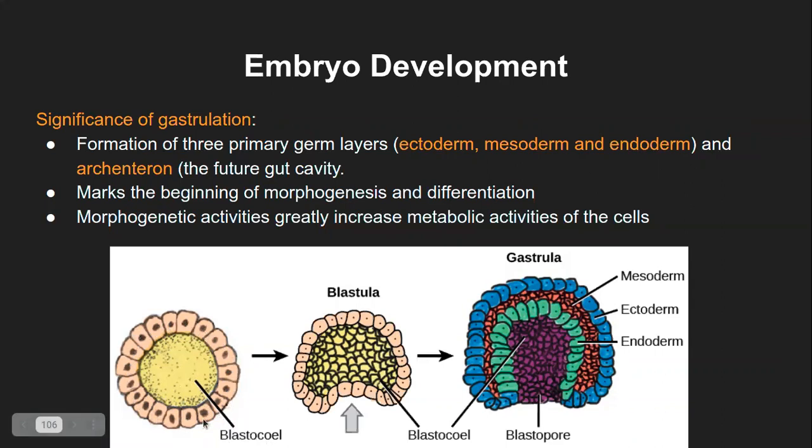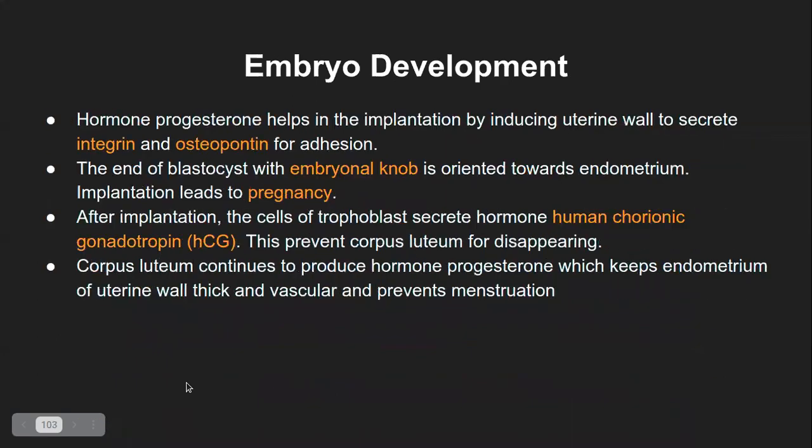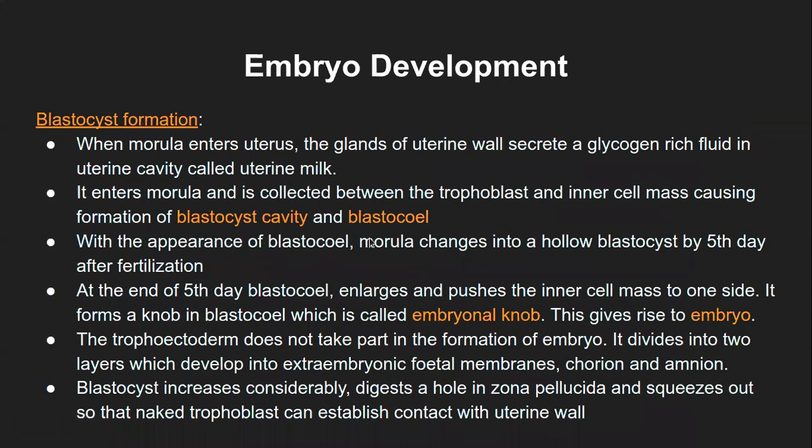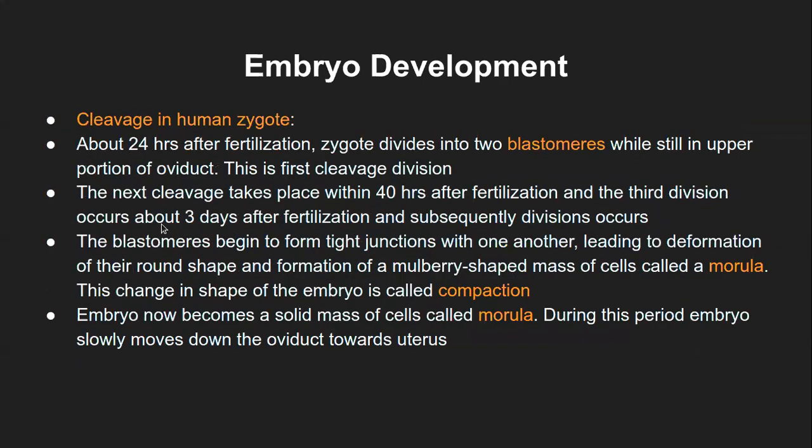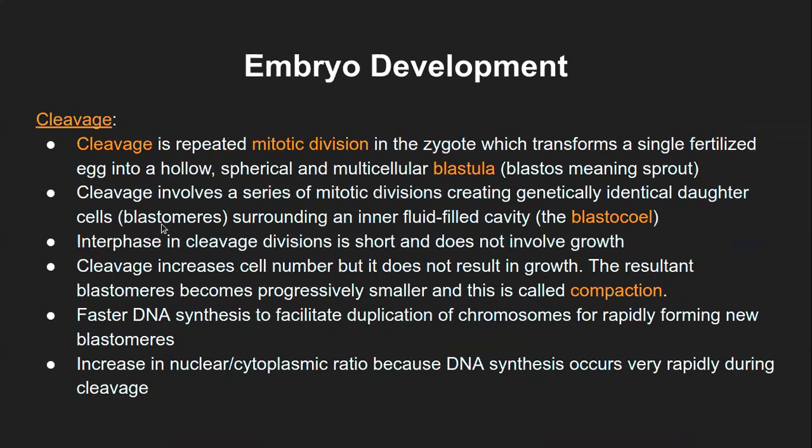They form identical daughter cells. So that is the blastula, and the inner core is the blastocele. So that is the cleavage part.